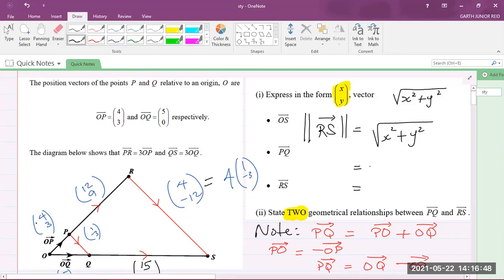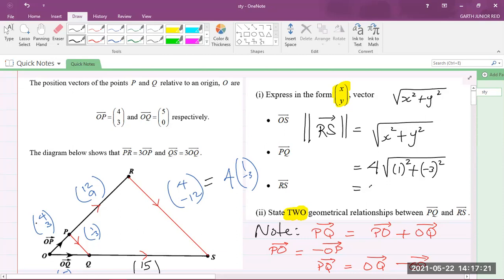So this is going to be 4 multiplied by the square root of x, which we can say is 1, plus y squared, which you can say is -3 squared. Now 1 squared is 1, and -3 squared is 9. So what we have is 1 plus 9 under the square root, and we know that is equal to 10.